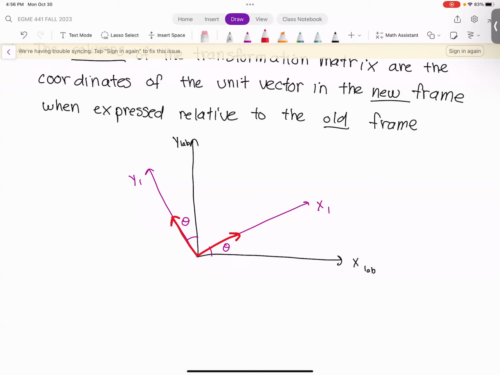What we're representing in the transformation matrix are these coordinates relative to the old frame, expressed relative to x lab and y lab. Let's look at this vector right here. We don't have to compute its exact coordinates, but we can see that this point for the first unit vector is in the positive x lab direction and the positive y lab direction.